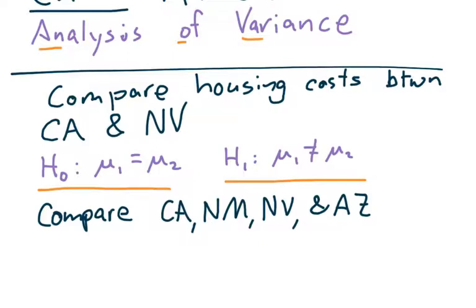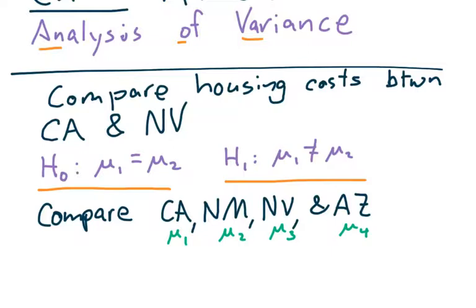So, it might make sense to compare these four states' average housing costs, right? So in order to do this, we would have to conduct, it turns out, 6 different hypothesis tests of the same format that we did in Chapter 9.